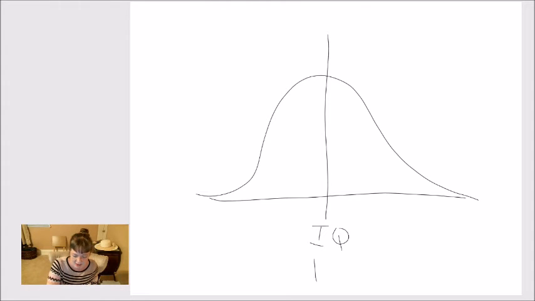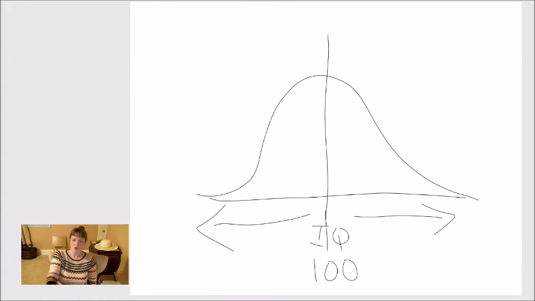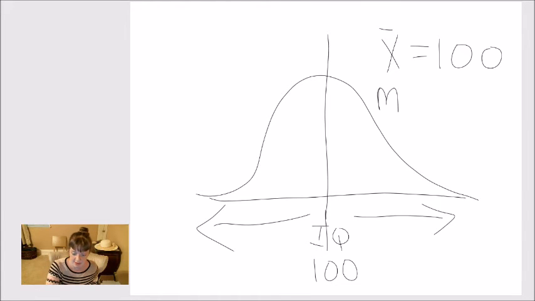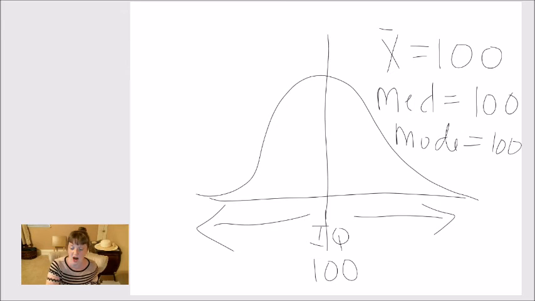And let's say the middle value is 100. Well, that means the average will be 100. X bar equals 100. The median will be 100, and the mode will be 100.